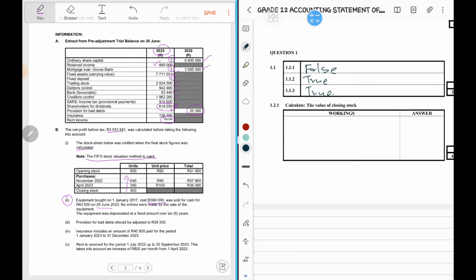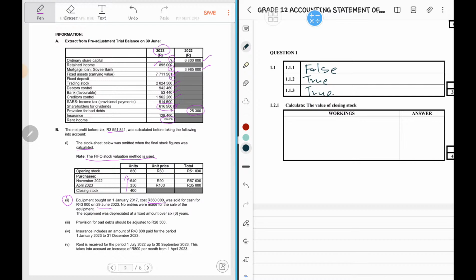But we are being told that no entries were made for the sale of the equipment, meaning that this adjustment was never recorded. So what we have to do is record it. Since we're being told that it was sold for cash, obviously we're going to add to the bank, and the bank affects the cash and cash equivalents.